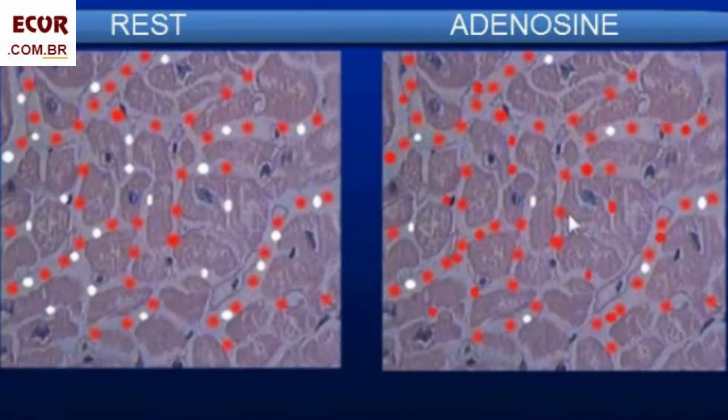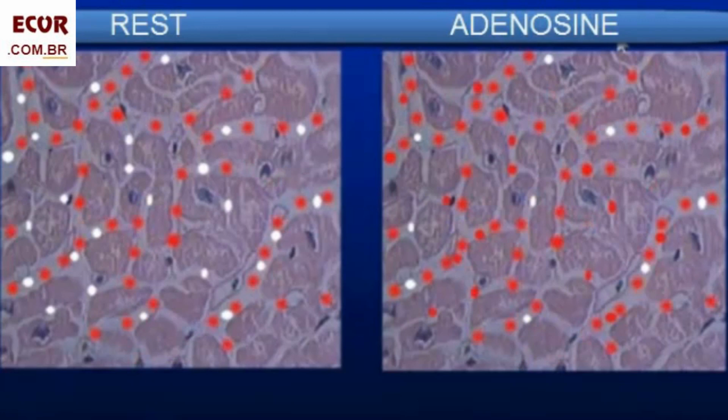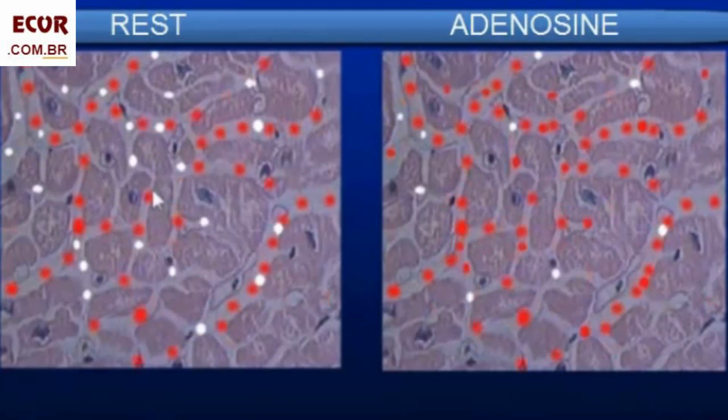After an adenosine bolus, the arterioles of the microcirculation at the ischemic wall will not dilate further, since they are already dilated. There is no coronary reserve in this region.